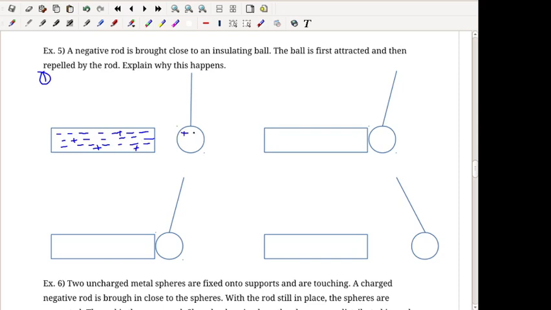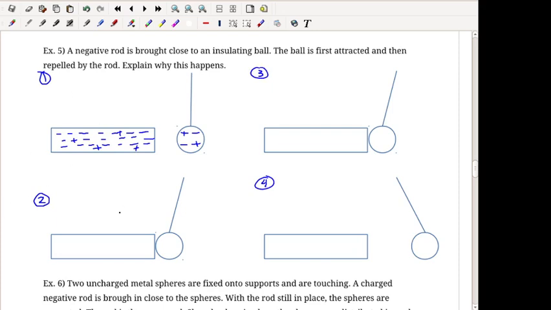So at the beginning, I have my charges distributed evenly in my ball. The ball, because I brought them close together, is first attracted and then repelled by the rod. So first thing, we just bring it close by. First, it's going to be attracted by the rod. And then later on, this is going to be frame number 4, it gets repelled by the rod.